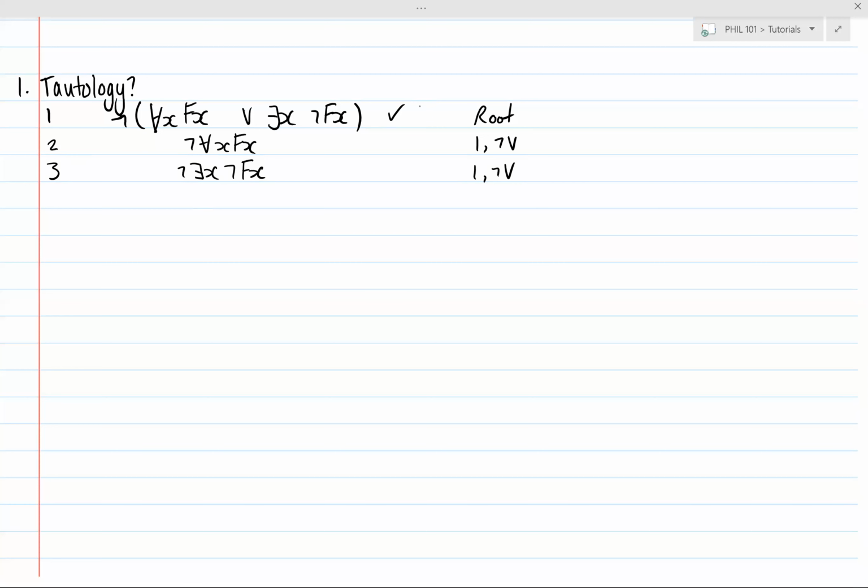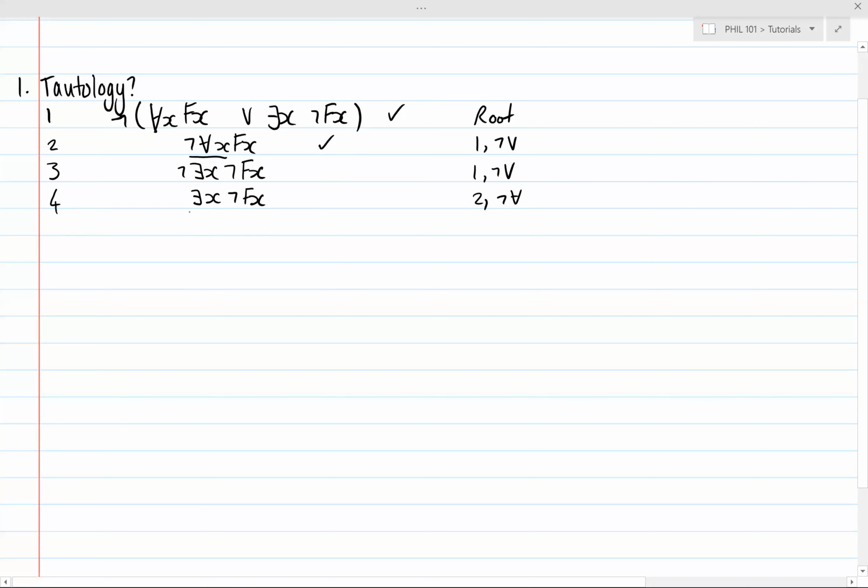Next I'm going to decompose these lines 2 and 3 using our new quantifier rules. So let me do line 2 first, which is the negation of universal. I get there exists an x, not fx. So now I've applied to line 2 the negation of for all rule.